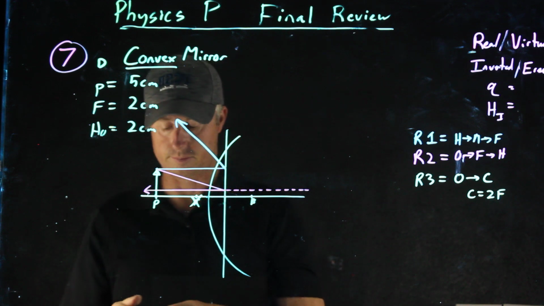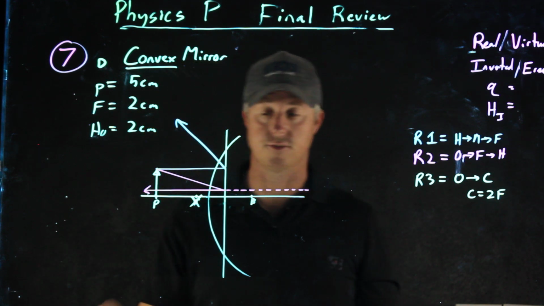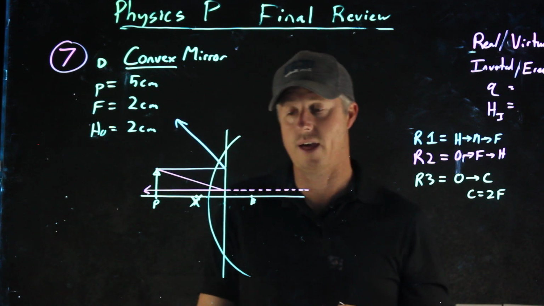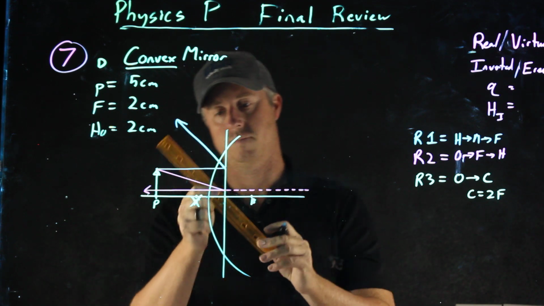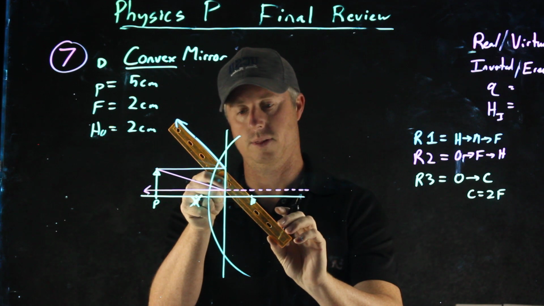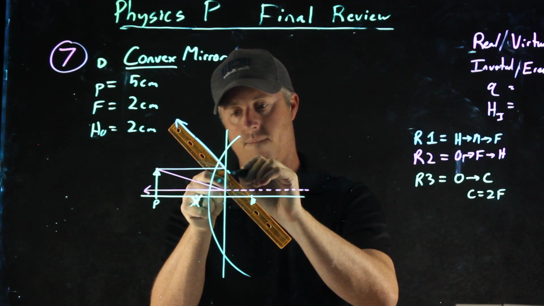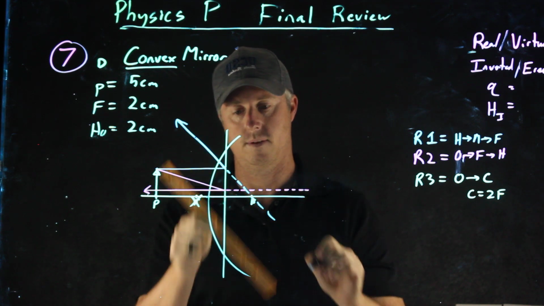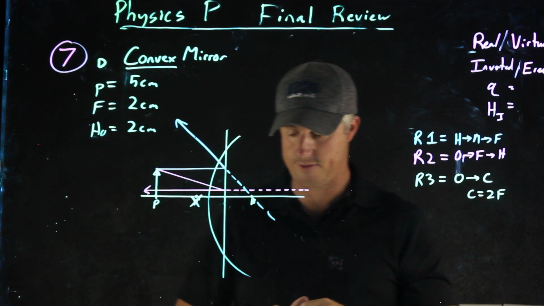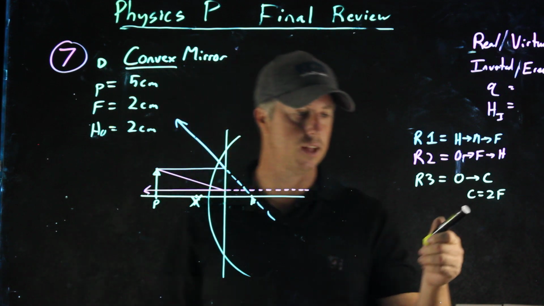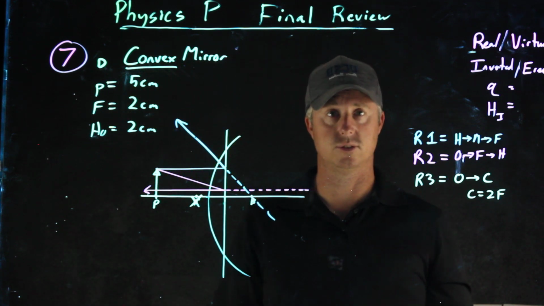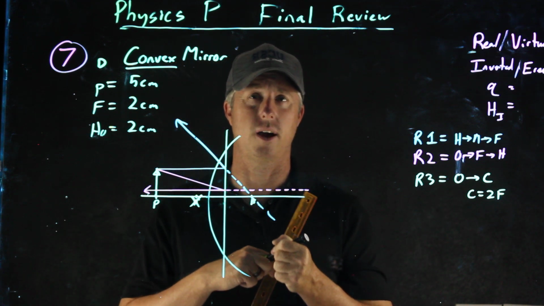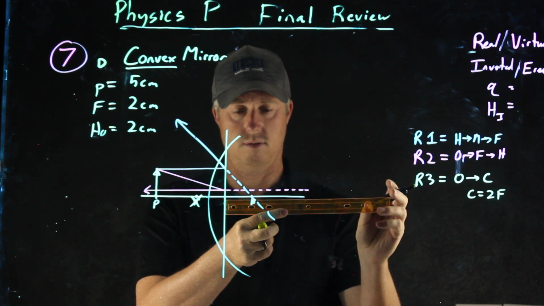Cool. I need to go back now. If I drew the imaginary line for 1, I got to go back to ray 1 and draw that imaginary line. So we line up. Cool, lost my F in that, but that's okay. And then I still have my third ray, which is going through C. Now since I'm using this focus, I want to use C that's on the same side.